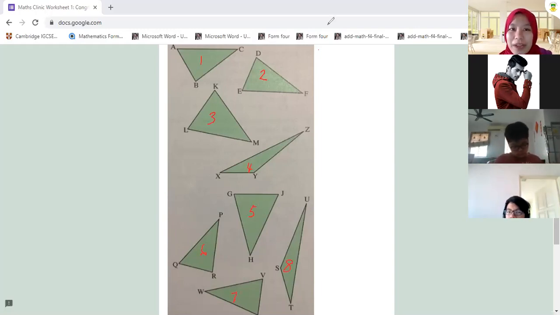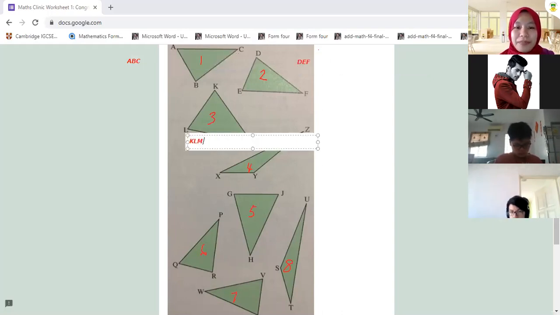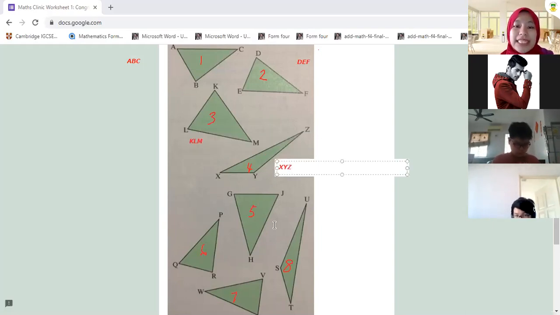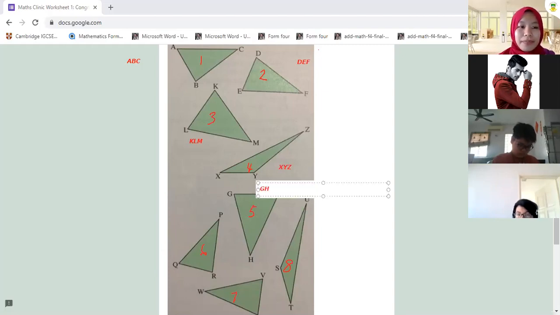Okay, someone tell teacher how we want to rename the triangles. Okay, actually you can call it triangle ABC, triangle DEF. Usually we name them according to alphabetical order. KLM, can. XYZ. This is the right way to rename the triangle. GHI. Correct.